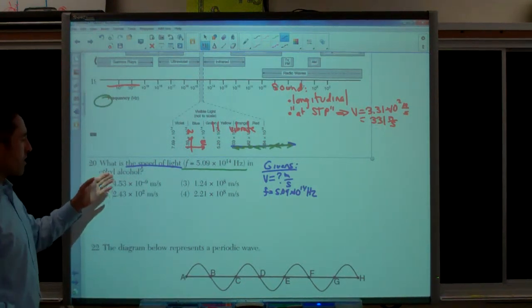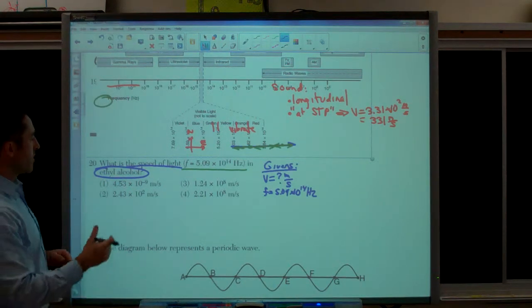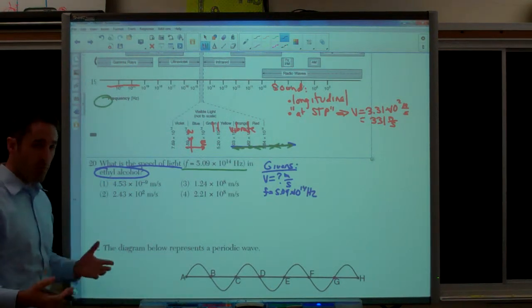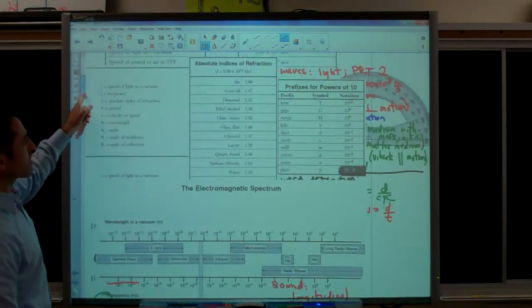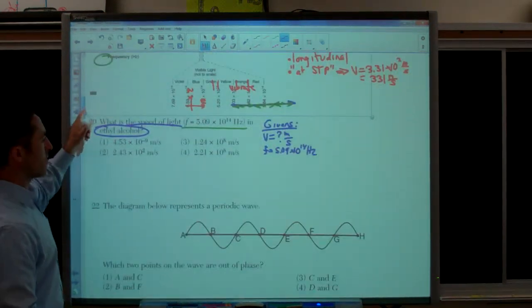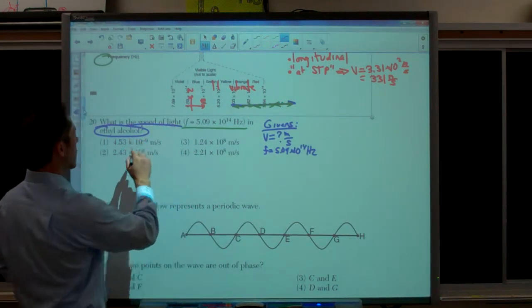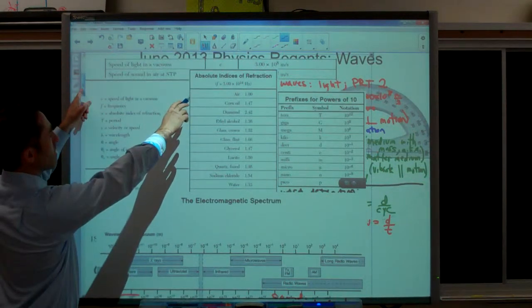Ethyl alcohol, well that sounds oddly particular. If it is oddly particular, you probably have to look it up in the reference table. So let's scroll up a bit. Do we see anything about ethyl alcohol? Yes, we do. 1.36. So what is it, though, that's 1.36? You know, that's nice and all, but this is called an index of refraction.